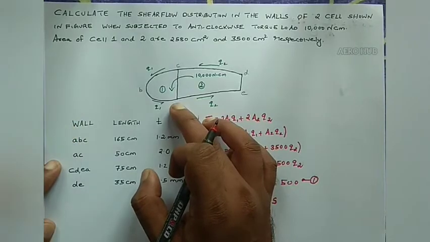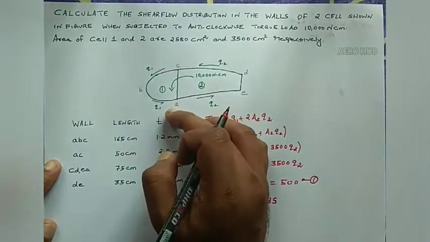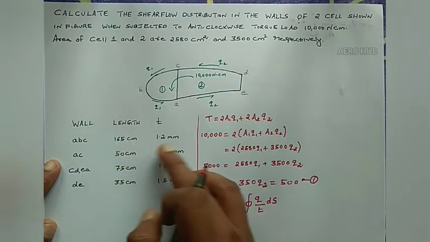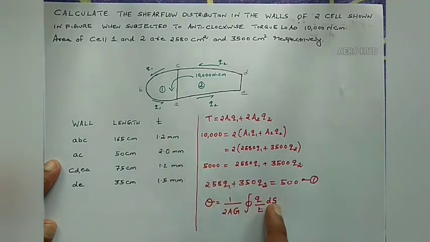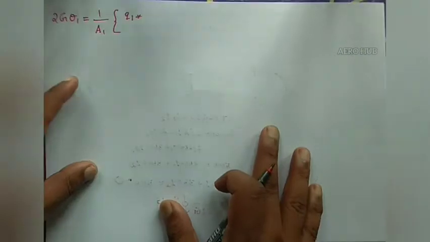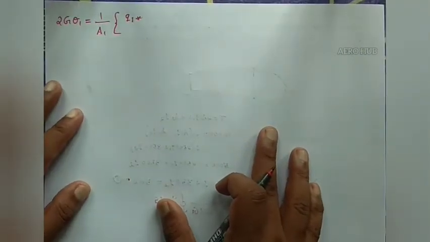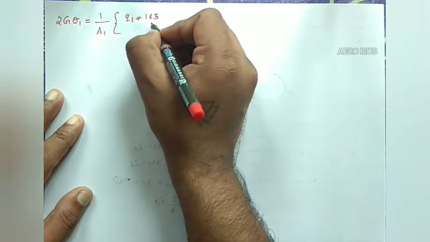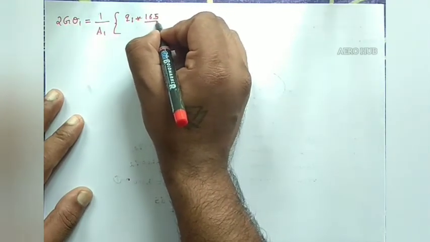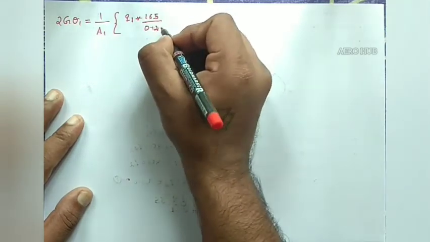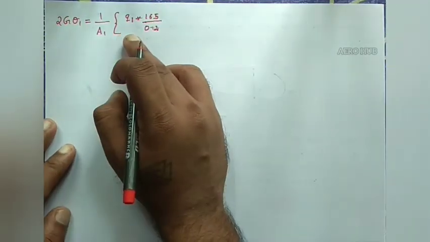The first case is this curve of ABC. For ABC, the length is 165 centimeter and the thickness is 1.2 millimeter. ds is nothing but the length and t is nothing but the thickness. So I can write 165 divided by 1.2 millimeter. We have to convert everything to centimeter, so that will be 0.12 centimeter. This is for the portion ABC.